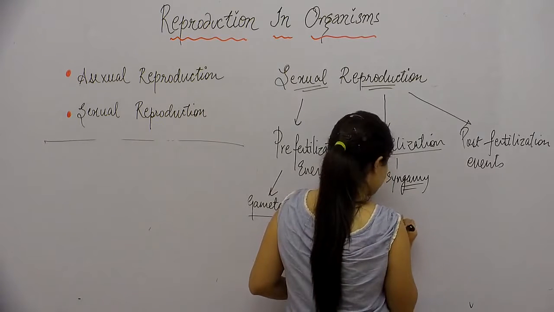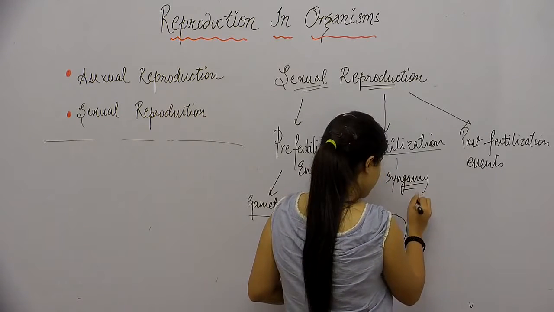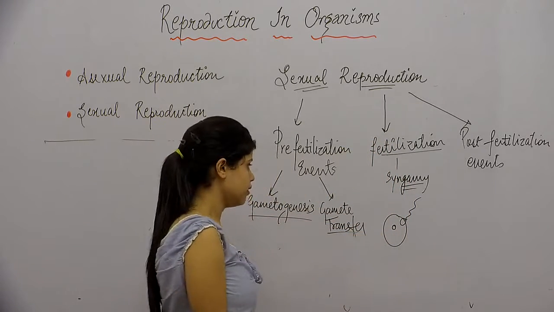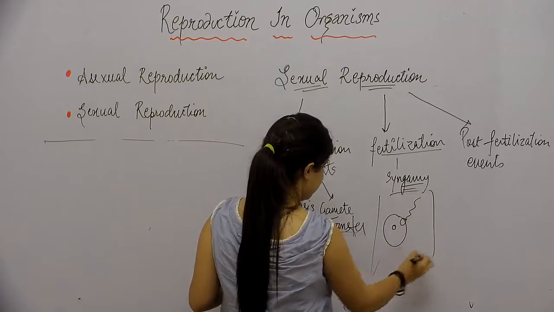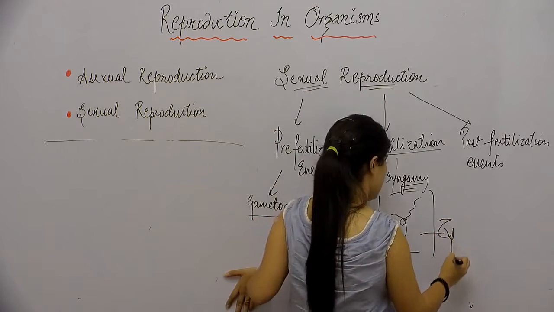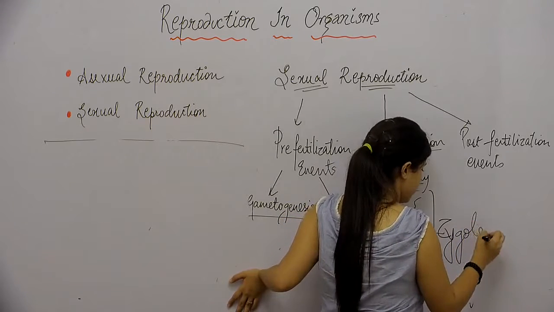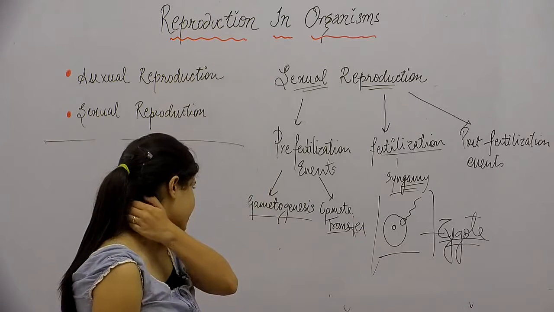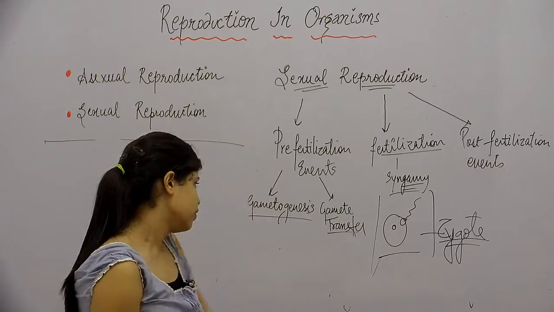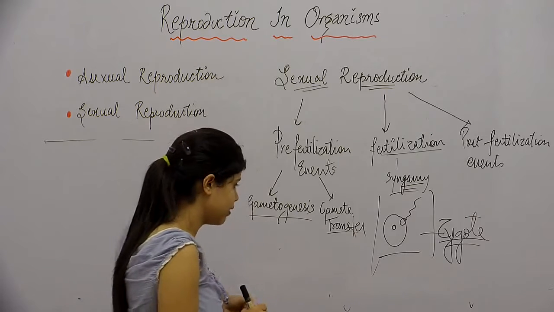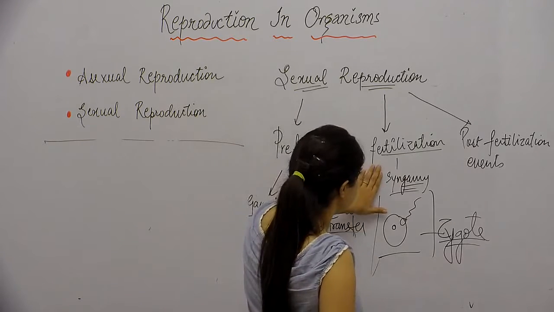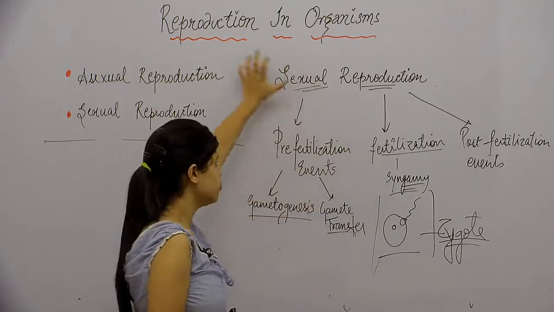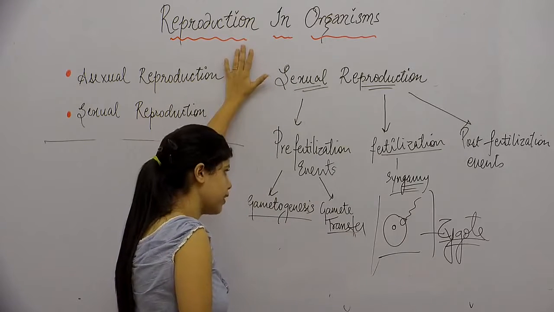Well, as in humans, there is this egg with which the sperm fertilizes, and thus this leads to the formation of what we commonly call the zygote, right? A zygote is usually given a strong protective covering so that it doesn't get damaged, right? So this was all under fertilization. Fertilization is the most crucial event of sexual reproduction, not to forget, right?